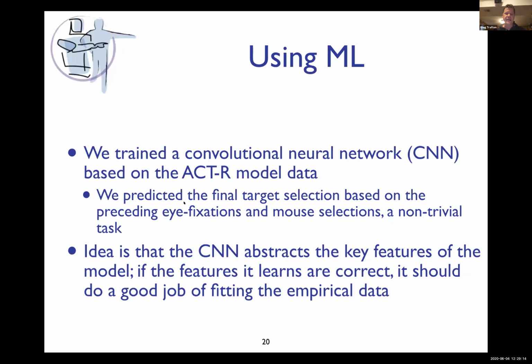But essentially, these CNNs need a task to do in order to learn representations. The particular task we gave here was to predict the final target selection based on the preceding eye fixations and mouse selections. This is, as you might guess, and as we saw earlier, a non-trivial task, because it's not just the last target, the last object that the person actually looked at.